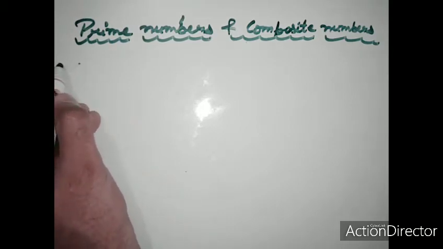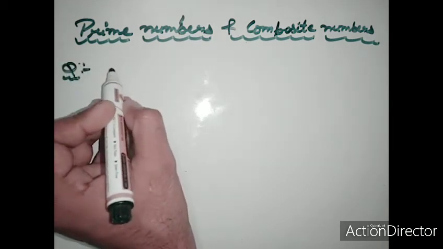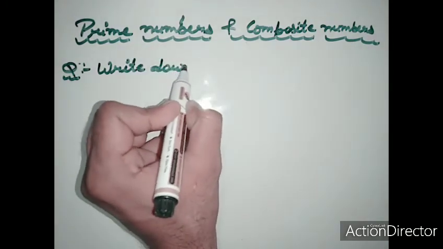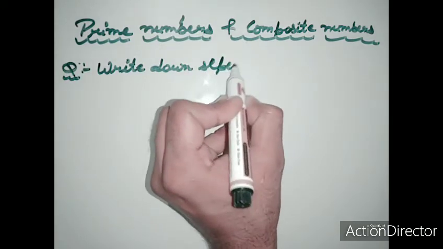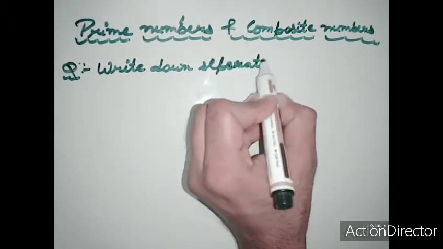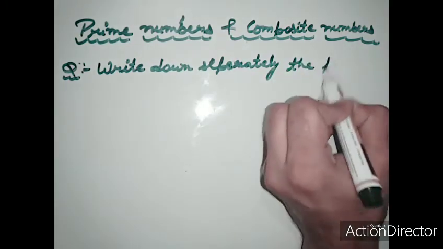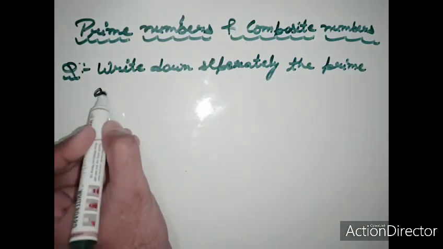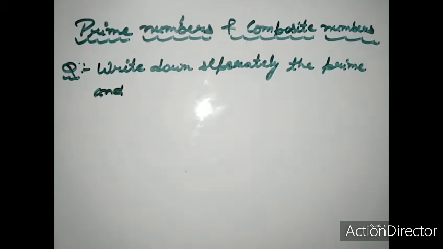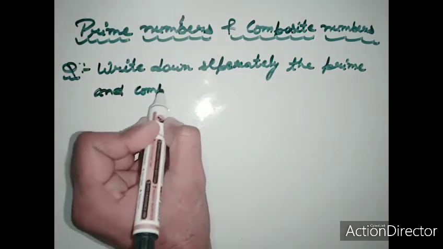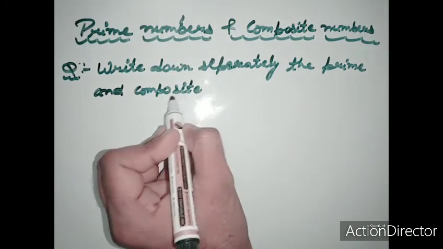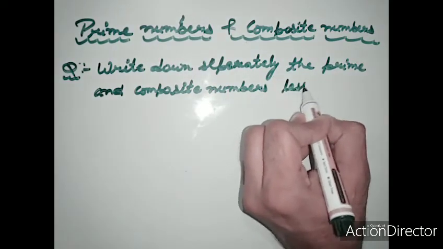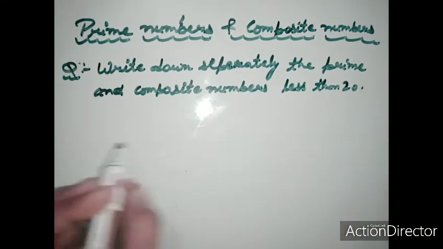Now here we will discuss important questions related to prime and composite numbers. So here the question is, write down separately the prime and composite numbers less than 20.